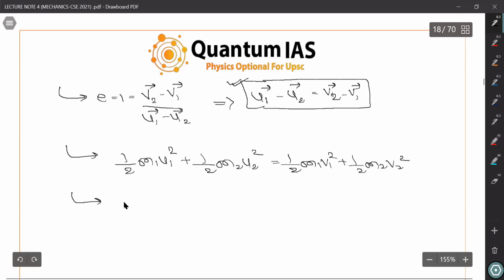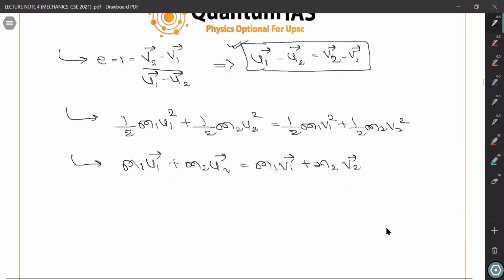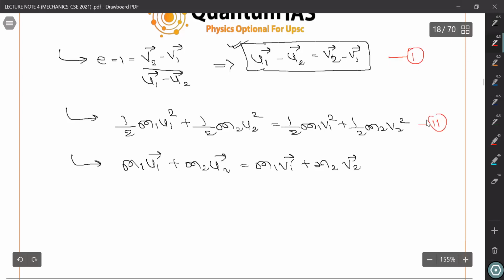Also, m1 u1 plus m2 u2 is equal to m1 v1 plus m2 v2. This is equation number 1, this is equation number 2, and equation number 3. So I will use 1 and 3.